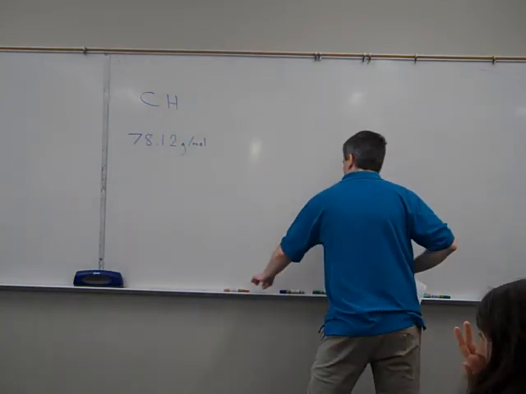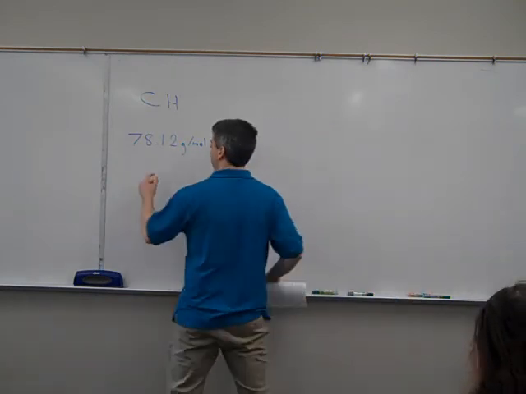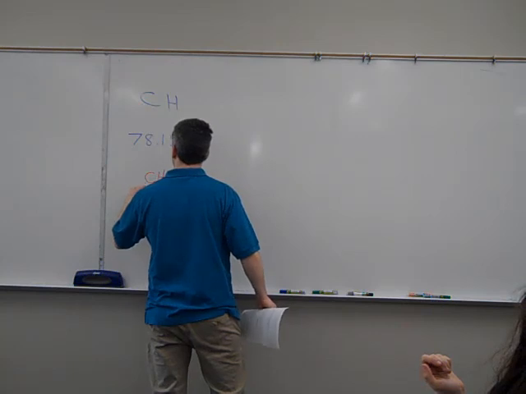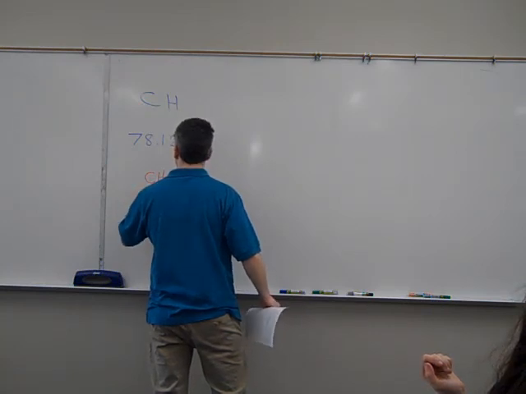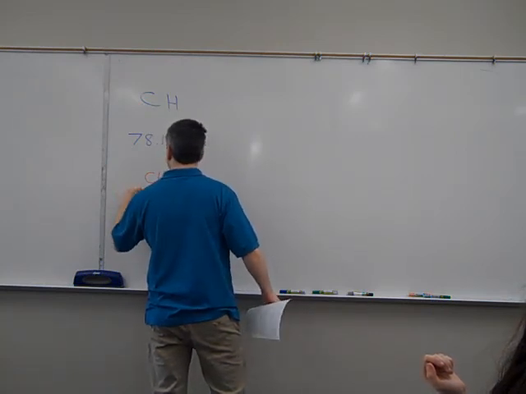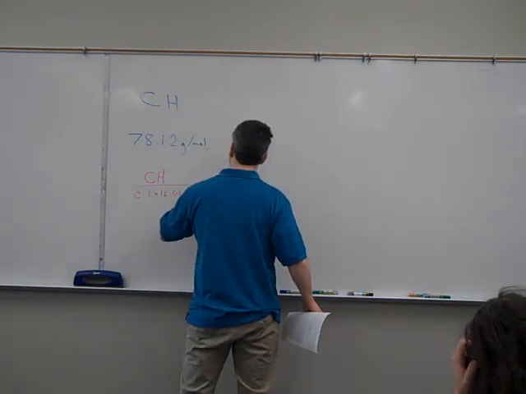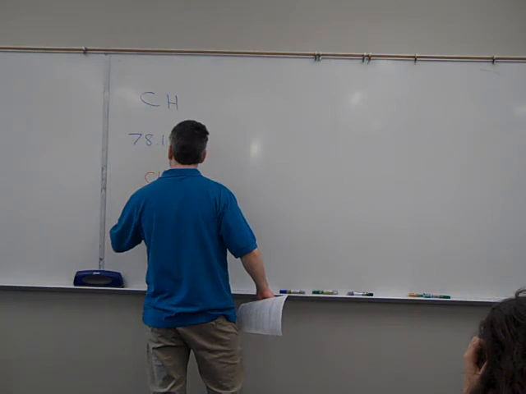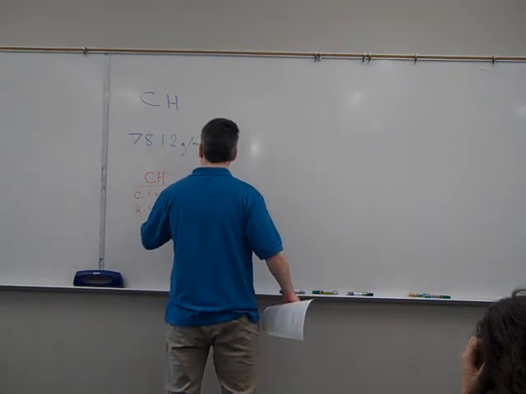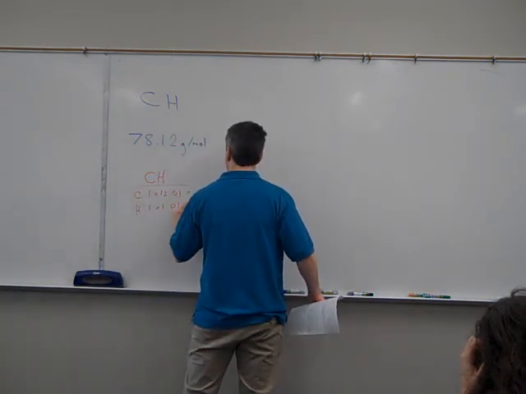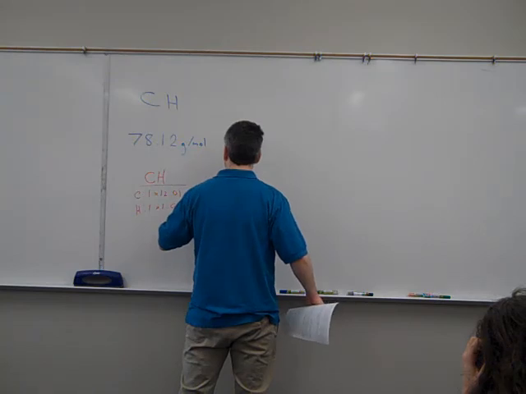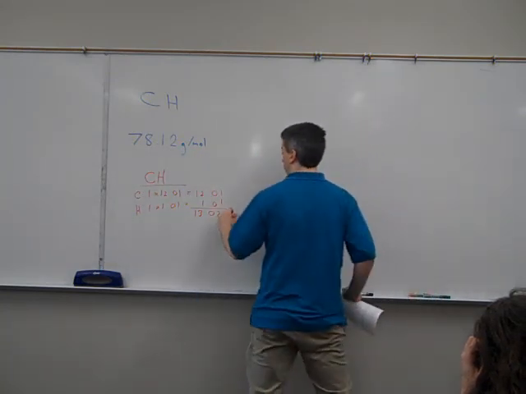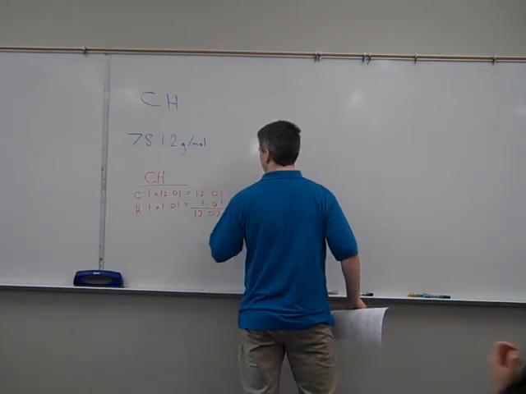So, let's calculate the empirical formula mass. Carbon, hydrogen, that's 1 carbon times 12.01, right? And it's 1 hydrogen times 1.01. And it's 13.02 grams per empirical formula mass.